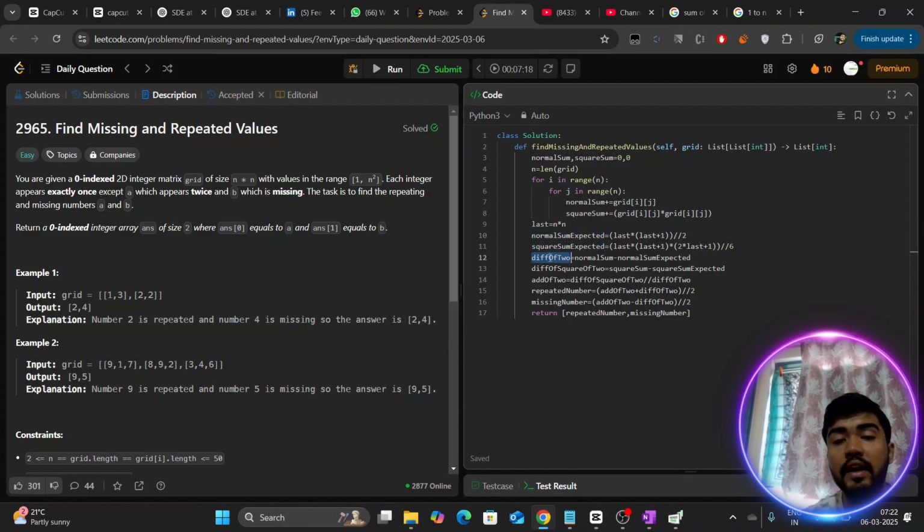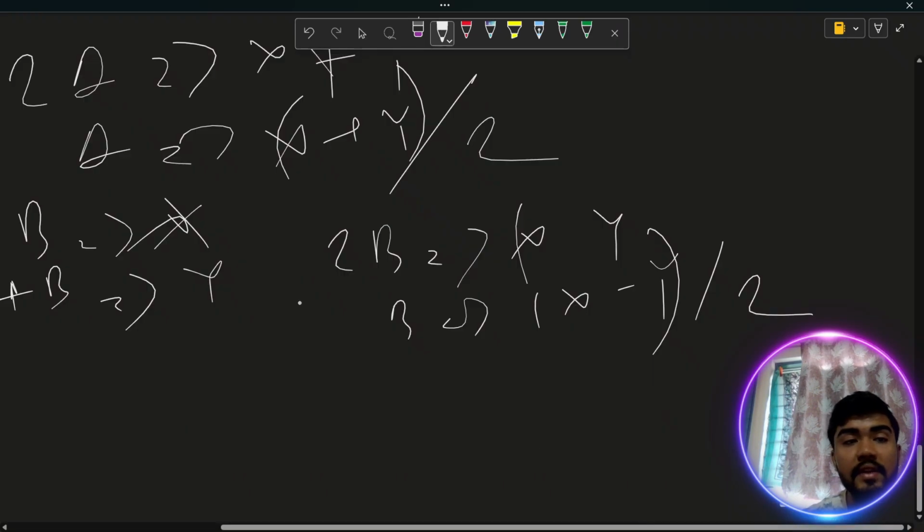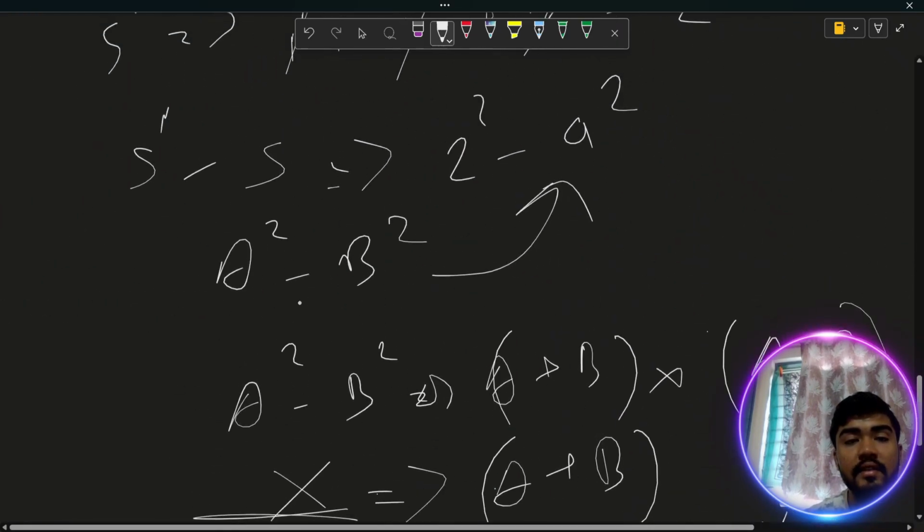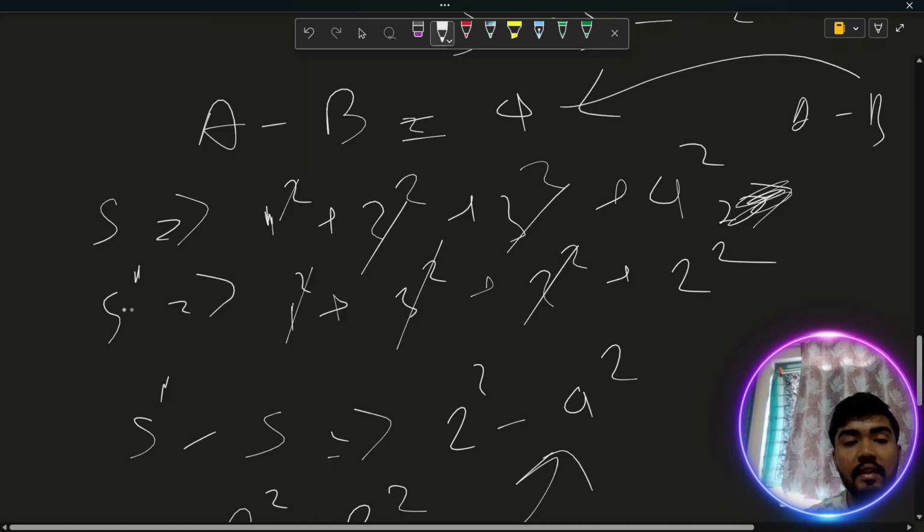Now, diff of 2, how do we calculate it? If you remember, it is normal sum minus normal sum expected. For our case, s dash is our normal sum, and normal sum expected is s.